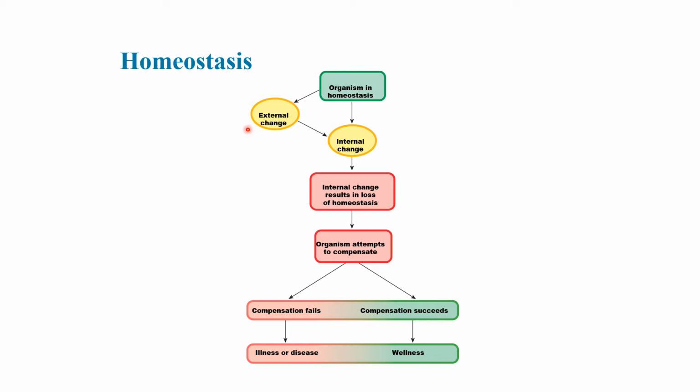And that is fine as long as your body is able to keep you within that normal range, quickly either increasing your temperature or decreasing it to maintain that normal range for you.